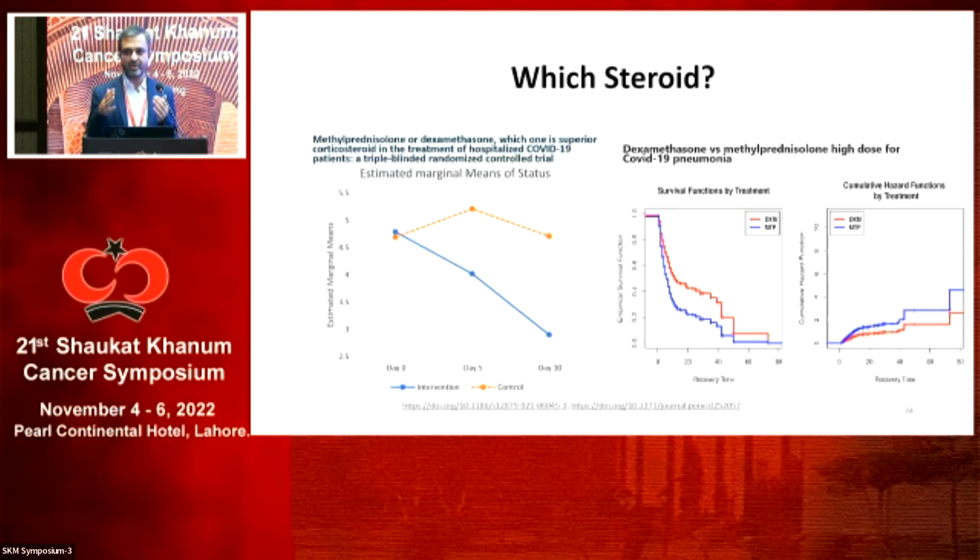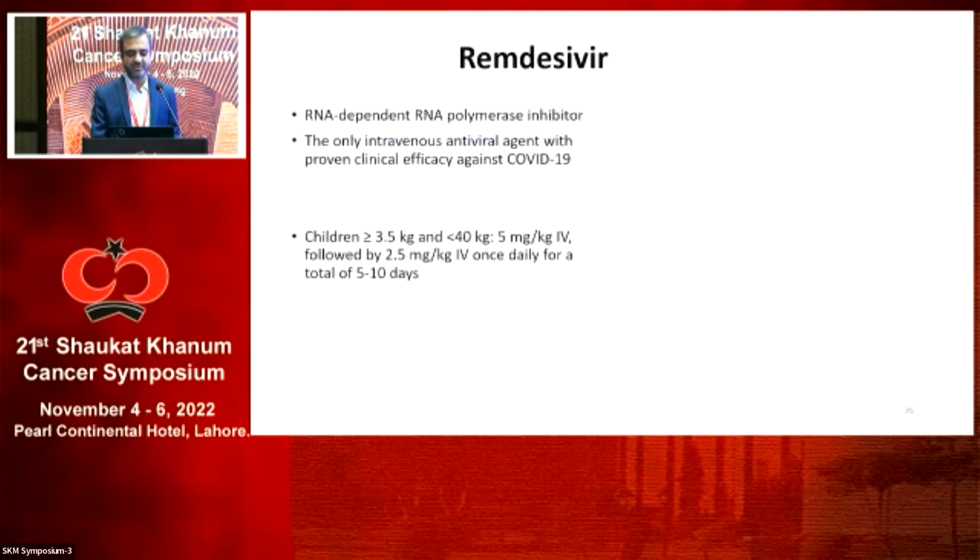It led to a shorter hospital stay as well as less need for oxygen therapy, and the severity of COVID-19 was also better in the methylprednisolone group compared to dexamethasone or hydrocortisone in a couple of these randomized controlled trials.